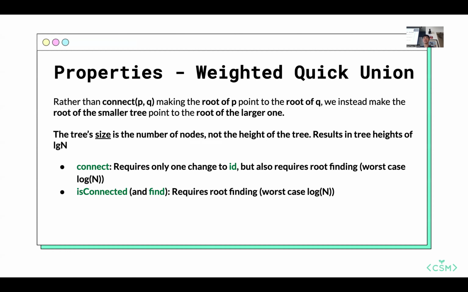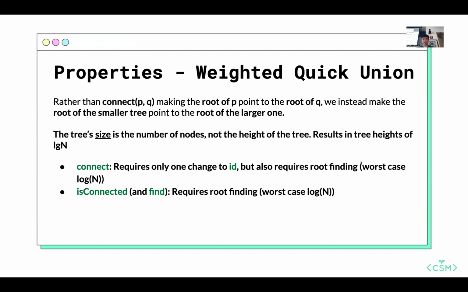Instead of just connecting one of the trees to the other, we now take into account the size of each of the trees. Size has been found to be a good proxy for height, which is what really matters. So we connect the smaller tree to the bigger tree.